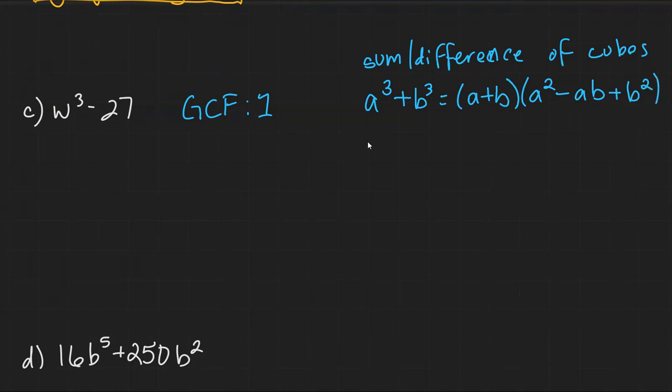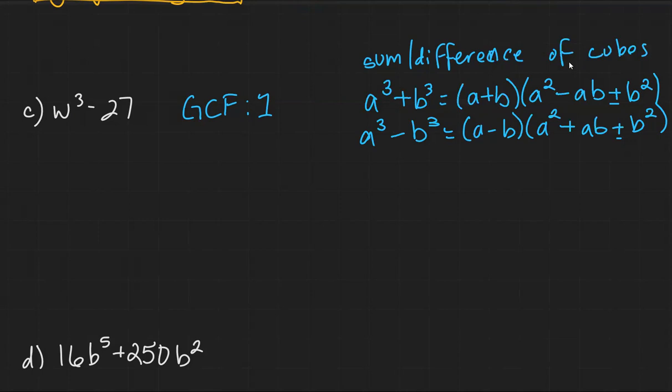Now if I have something that looks like a cubed minus b cubed, it's going to look like a minus b times a squared plus ab plus b squared. The last sign is always positive, and then the first 2 signs are the ones that are switching. The first one is the same as the original problem, and the second one is opposite.